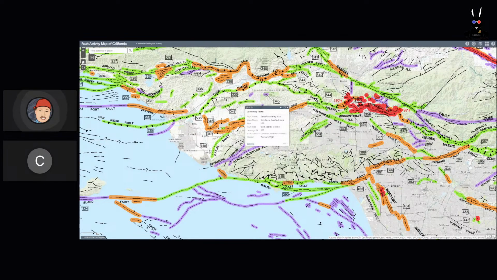Camarillo, Santa Rosa section, Simi Valley, Santa Rosa fault zone. When you get into the Camarillo, Oxnard area, there the Sycamore Canyon, Boney Mountain is in the south, Bailey Fault, Santa Rosa fault zone, and then in the north is the Oak Ridge fault zone. It divides this area where you come out on the 101.